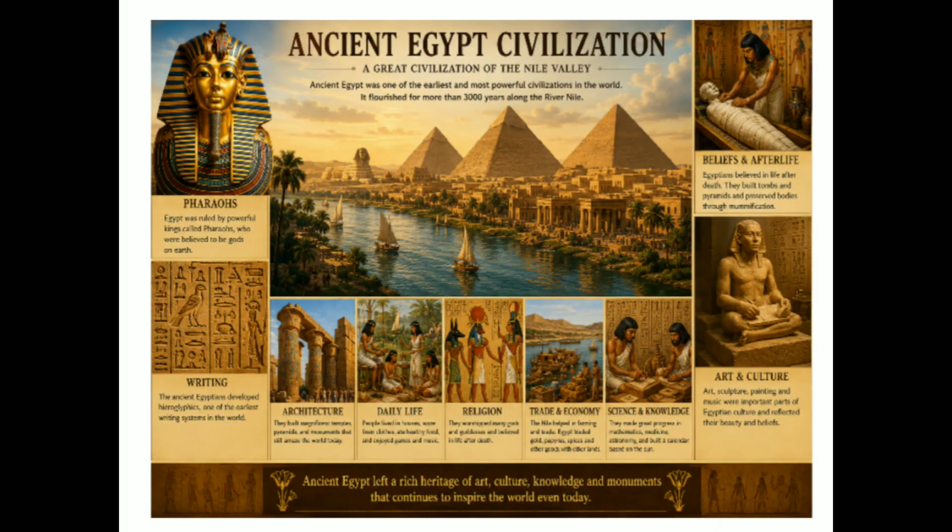Powerful rulers known as Pharaohs governed the land and built impressive monuments and pyramids. And the architecture, daily life, religion, trade and economy, science and knowledge, art and culture, beliefs, and their writing, all of this inspired the whole world.